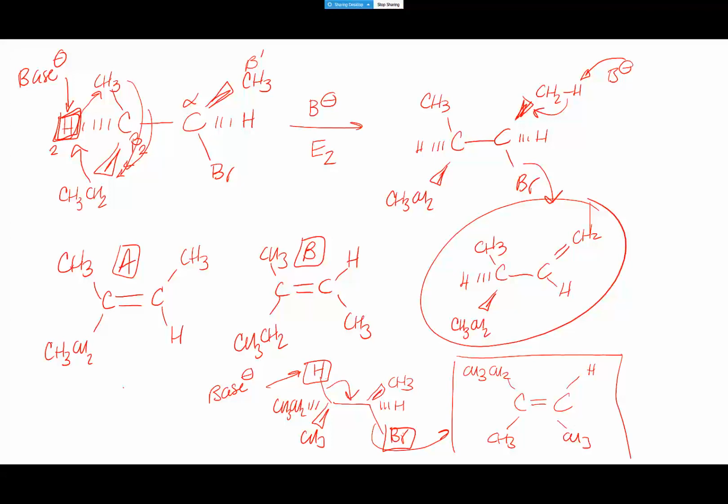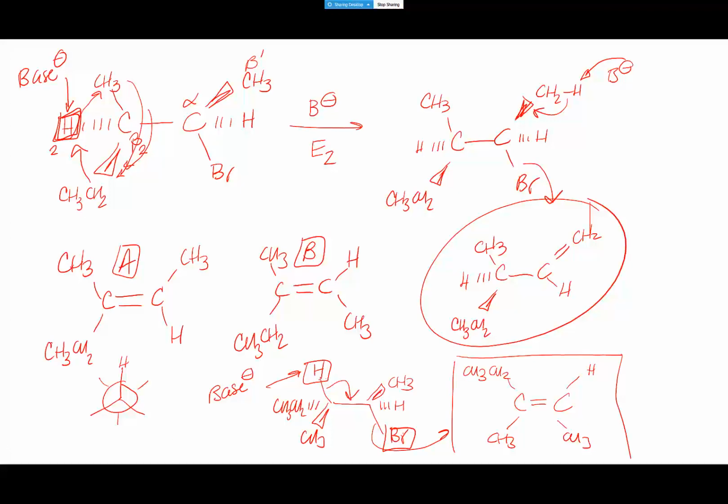Let's look at a Newman projection here. When you look at this as a Newman projection, on the left carbon, the ethyl group is going to be away and the methyl group is going to be in front. On the right-hand carbon, the methyl group is going to be in the front, the hydrogen is going to be in the back, and the bromine is going to be down.